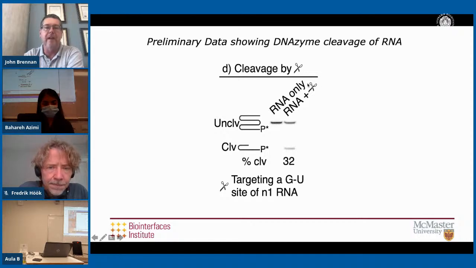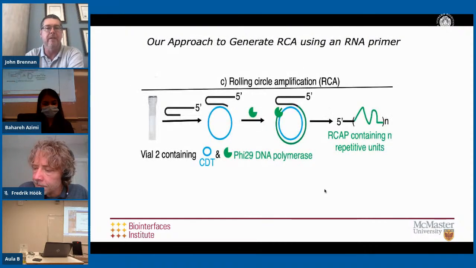When we add the DNAzyme, which is represented by these scissors, it cuts the RNA at a very specific site and liberates a specific sequence that we now know can be used as the primer for this RCA reaction. And the idea here is we're targeting a GU site, in this case of the N1 site of the genomic RNA. So we know we can get the RNA primer generated.